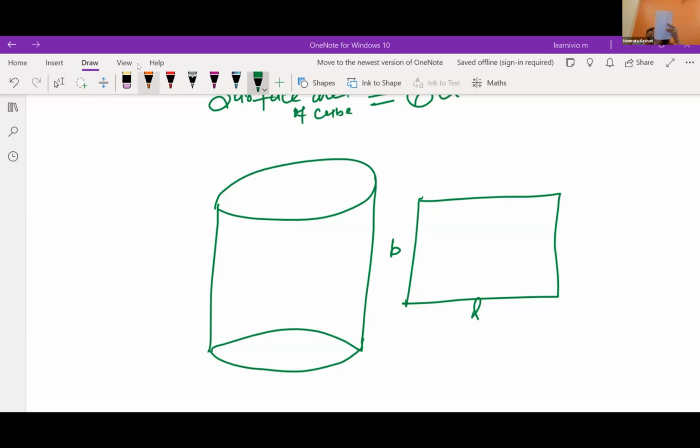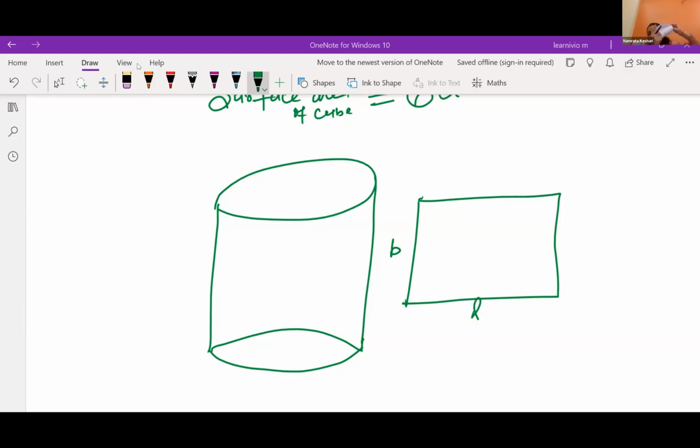I'm folding it. Can you see this breadth became the height of the cylinder? Yes, ma'am. Earlier, whatever was the breadth, it became the height. And length became the circle. Can you see? Length became circle, breadth became height.